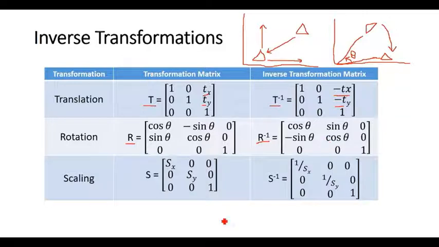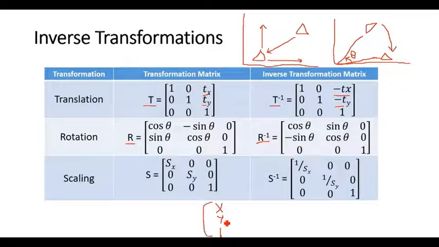Similar to this, if we consider scaling, say I have an object. If I have scaled it, how do I scale it back to its original shape or original dimension? For that, take this example. I have x, y, and 1 as my object.